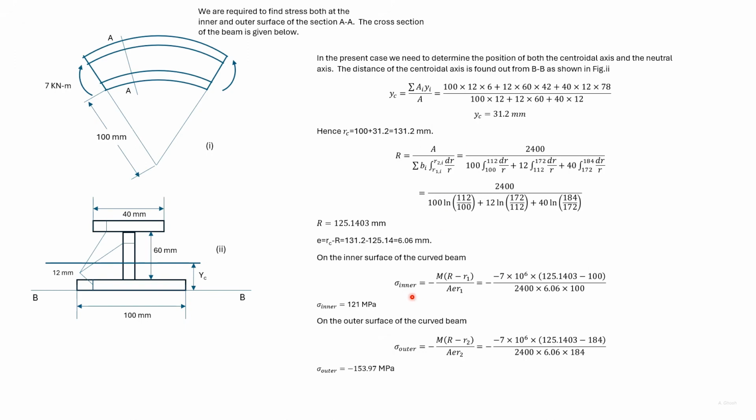We have obtained the stress in the inner surface and the outer surface. You see that the stress in the outer surface is compressive. If we look at the diagram, then we see that our physical understanding matches with what we have determined for the stresses.